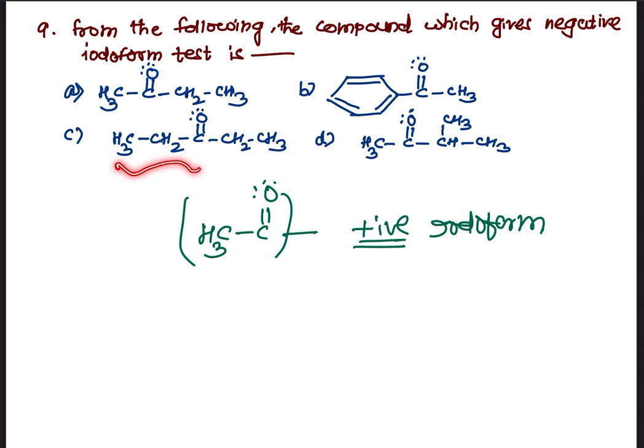In C, there is no CH3 C double bond O, there is a CH2 C double bond O, so it does not give a positive iodoform test, it does not react with the mixture of sodium hydroxide and iodine. And in the fourth there is again CH3 C double bond O. So the answer is third, the only option in which there is no CH3 C double bond O.